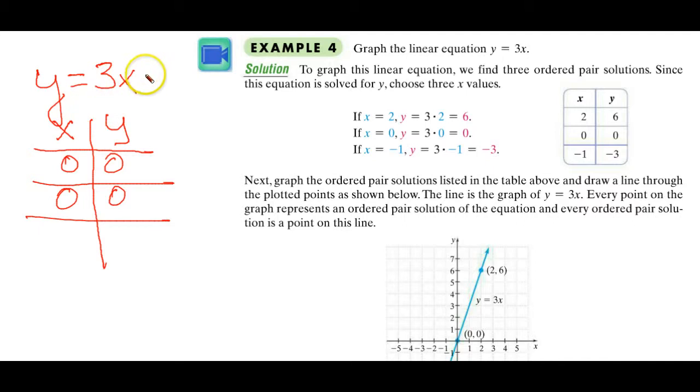So when there is no other term out here, and there's only the y equals something x, you can't use that because we know that this type of equation is going to go through the origin. So we need at least one other point. So let's say x is 1.